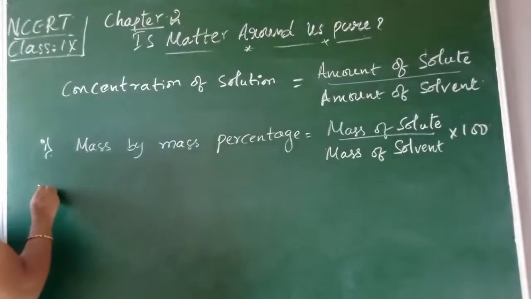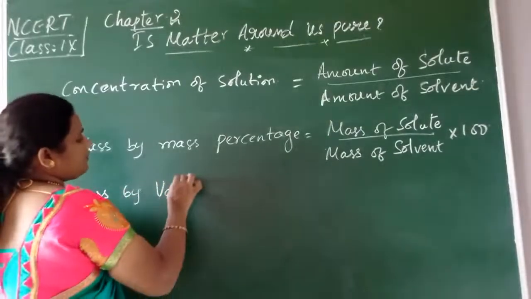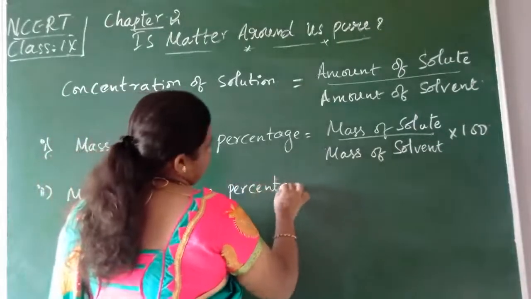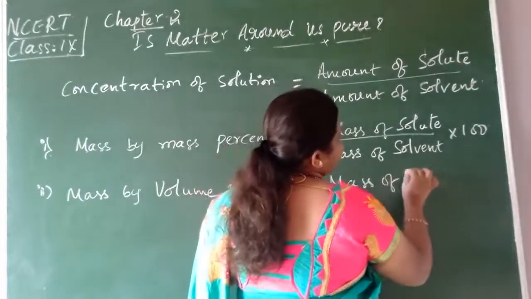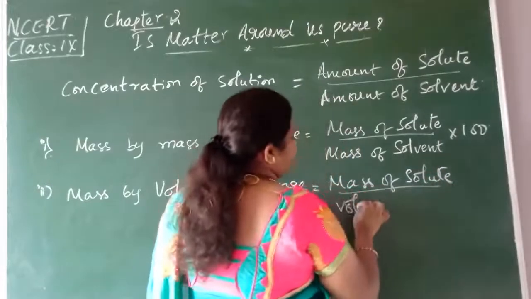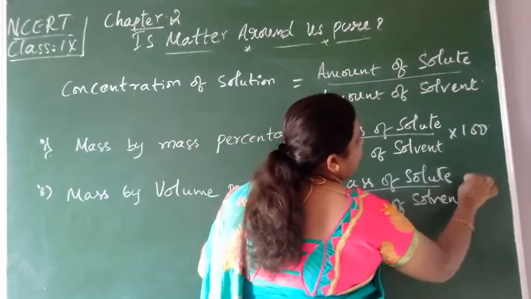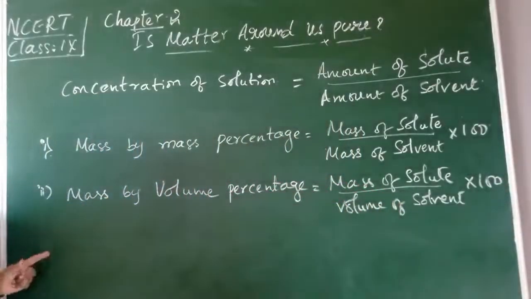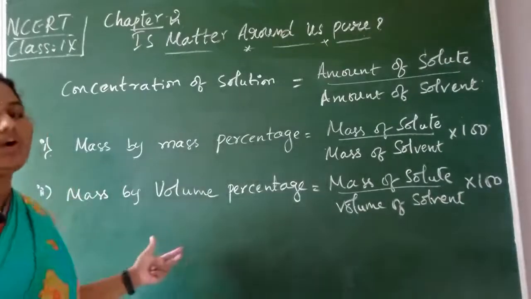And one more formula we have, mass by volume percentage: mass of solute divided by volume of solvent, multiplied by 100. These two expressions are very, very important, children. You have to remember and learn this.